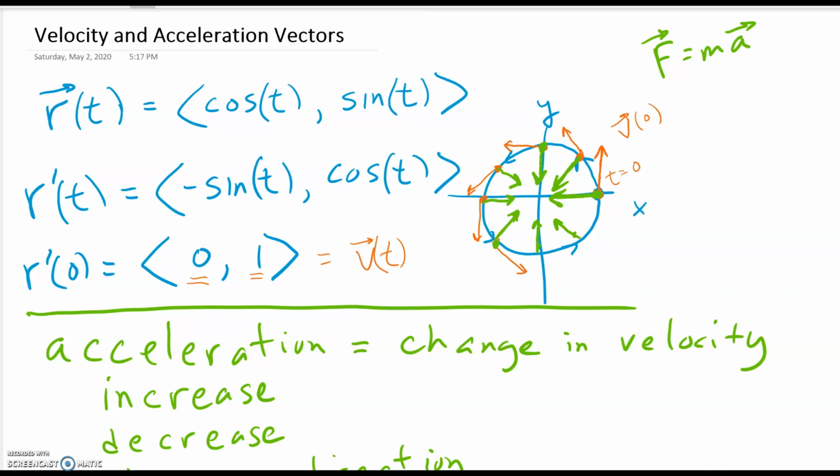So it's just a scalar multiple. And so, in other words, the direction of the force is the same as the direction of the acceleration. So think of it like there's some force. The object is moving in this counterclockwise direction, but there's some force that's pulling the object inwards, like this and like this and like this.